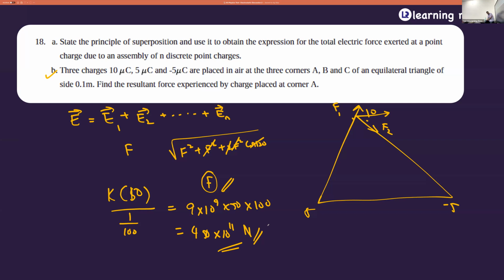But there is no 10 power 11 in the answer. Did I miss something? Oh, micro is there. Into 10 power minus 12 is there. So 10 power minus 12 means 10 power minus 1 will come. Am I right? So the answer will be 45 Newton. I missed that micro.